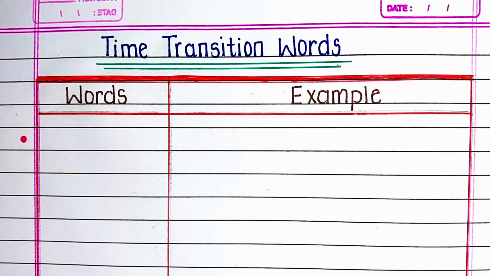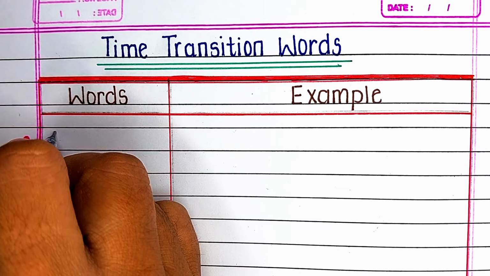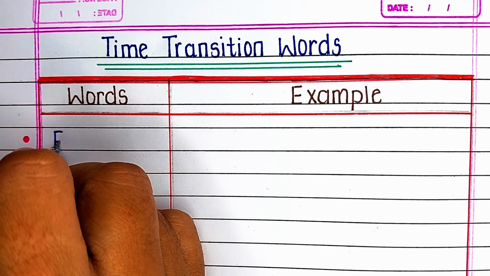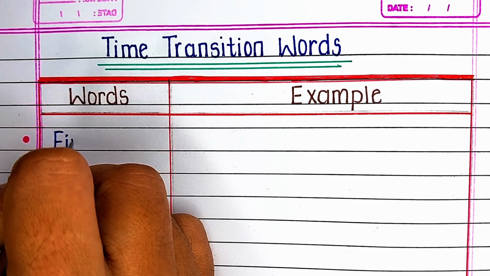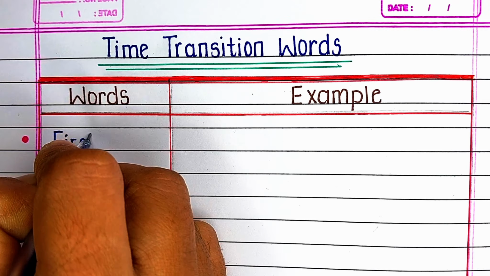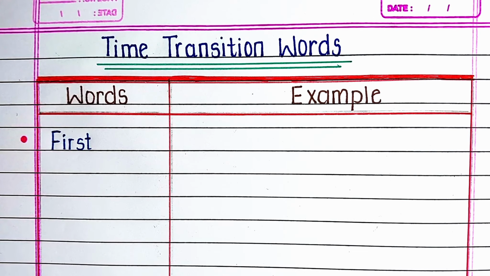In this video, we will learn about time transition words. Time transition words are words that show the relationship between events in time. They help readers follow the order of events in a narrative. You can use time transition words to link ideas and sentences together.